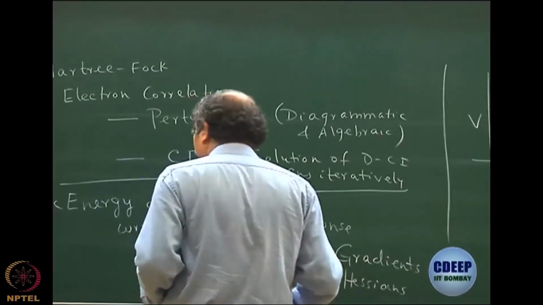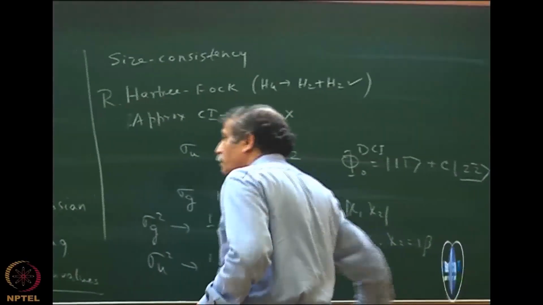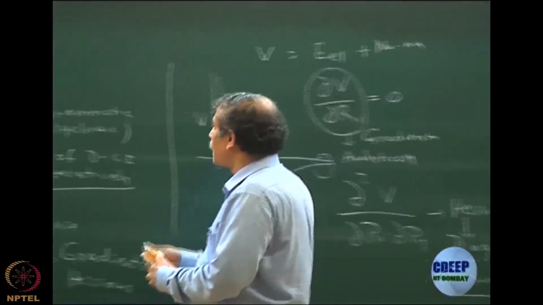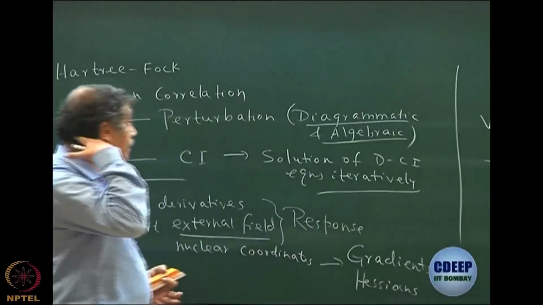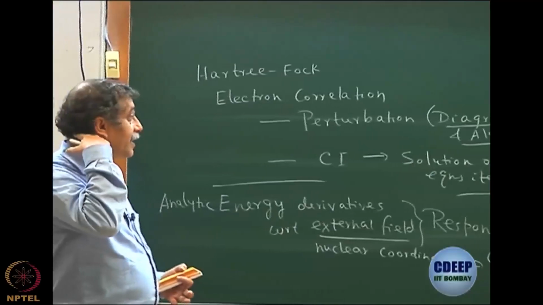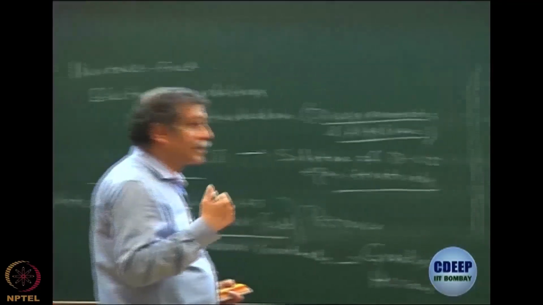I should now mention a few of the other theories for energy calculation. Perturbation theory I have already told you we discussed yesterday also in great detail, diagrammatic and connection with algebraic, except that we have not proved the linked cluster theorem.